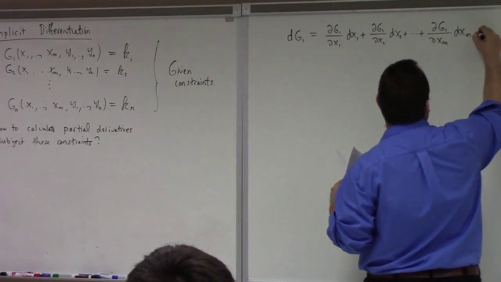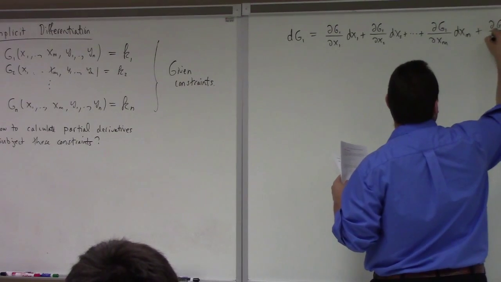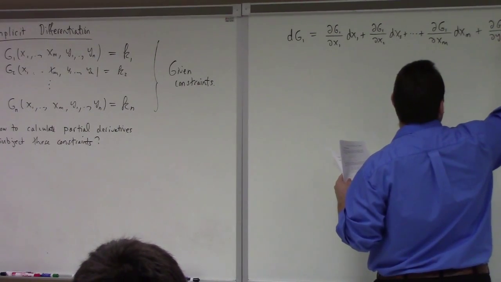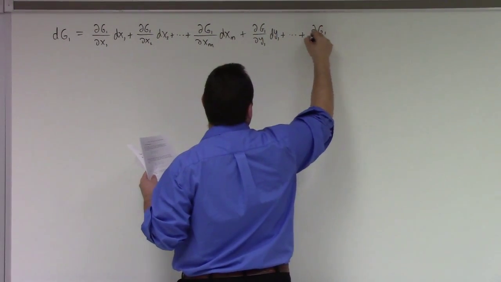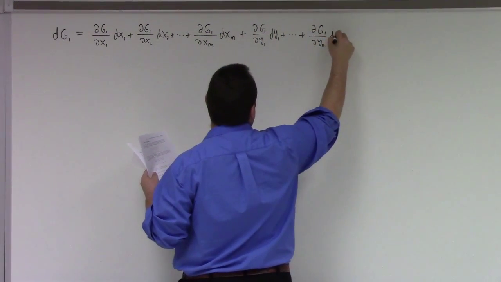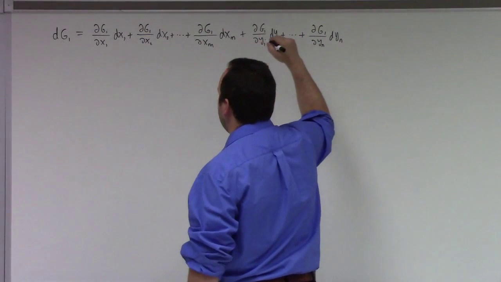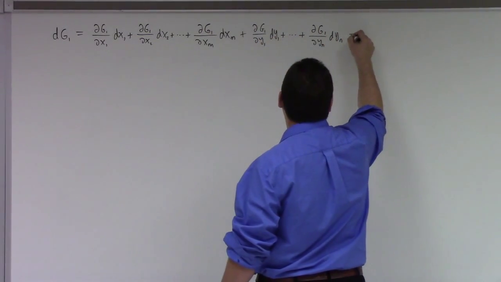And then plus partial g1, partial y1, dy1, plus, up to partial g1, partial yn, dyn. All of that is equal to the differential of k1, right?